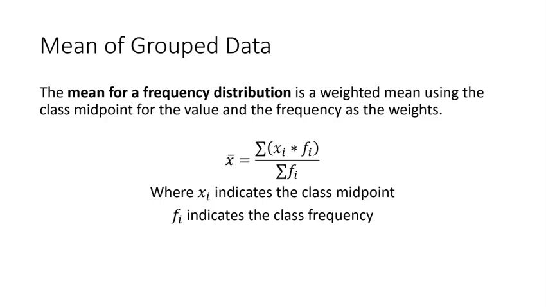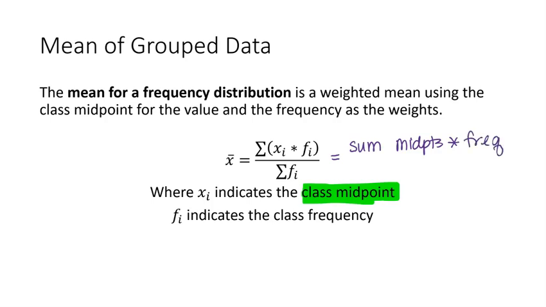To do it, I just set it up like a weighted mean, but note that my values use the class midpoint. So when I take the sum on top, it's my midpoints times the frequency, divided by total frequency.